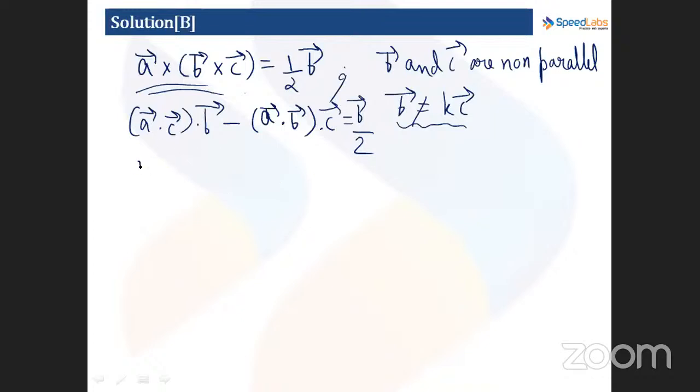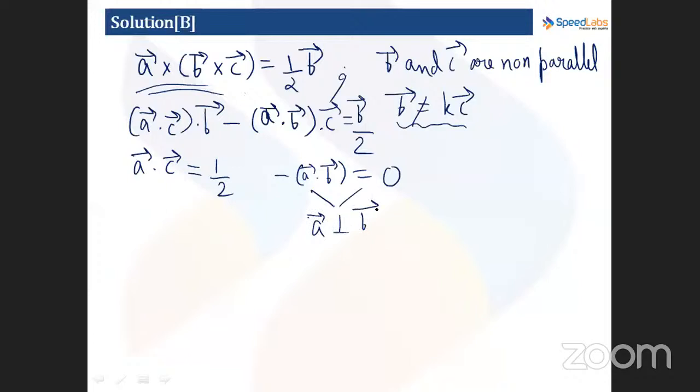So if I compare the coefficients, then A dot C is equal to 1 by 2 and minus of A dot B is equal to 0, as there is nothing with C vector. Now what does this signify? This clearly signifies that vector A is perpendicular to vector B.